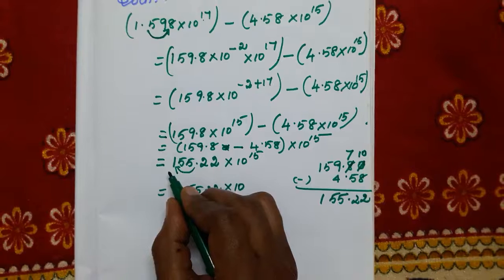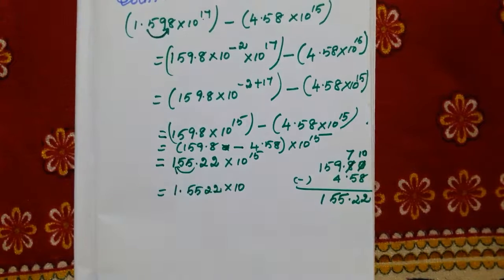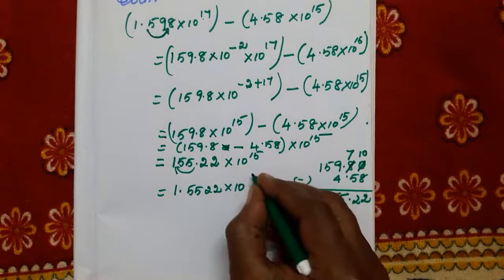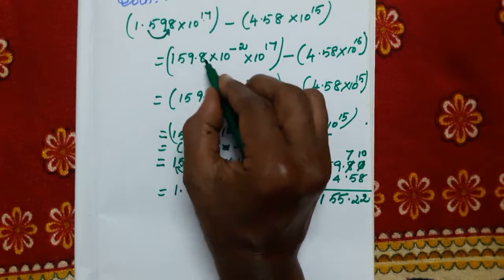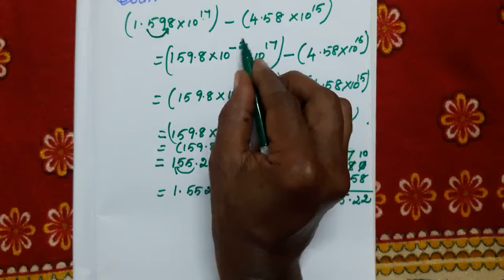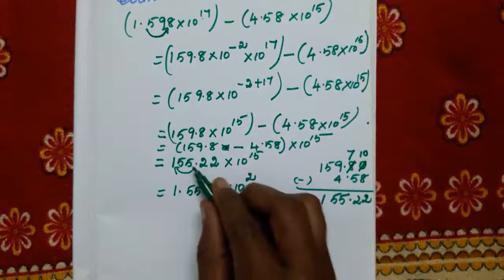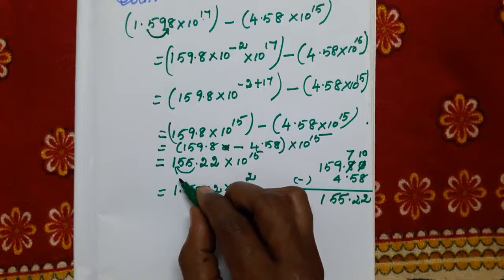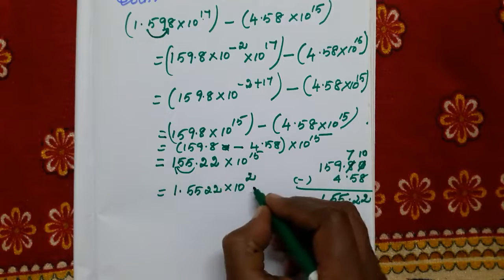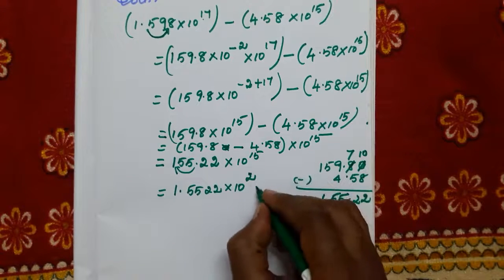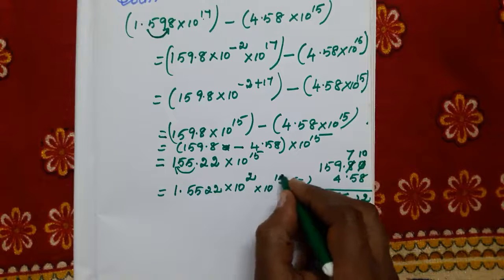We move the decimal point 2 digits left, so what we have to write? 10 power 2. Here if we move the decimal point 2 digits right, I would have written 10 power minus 2. Here we are moving the decimal point 2 digits left, so we have to write 10 power 2 into 10 power 15.